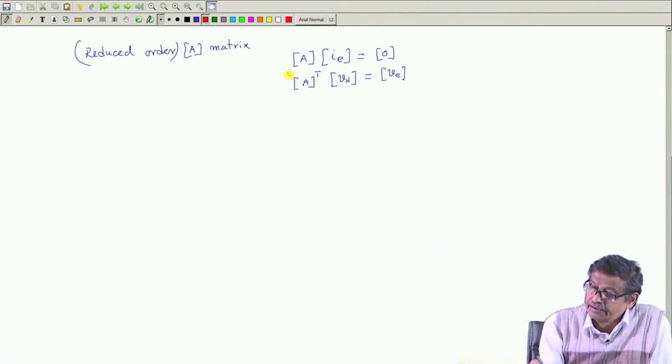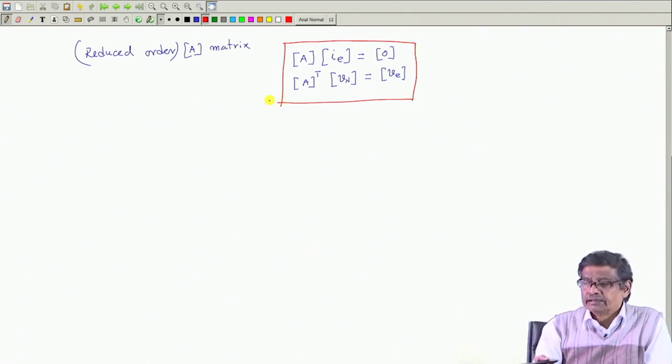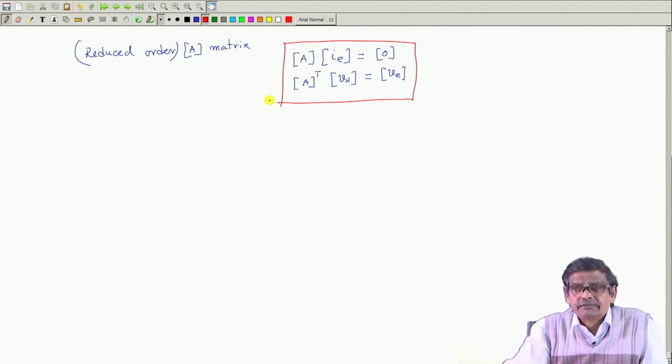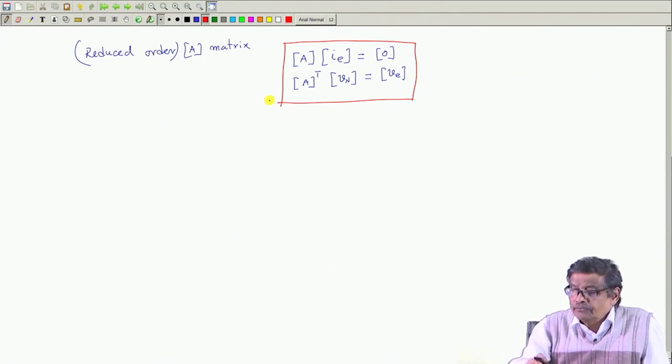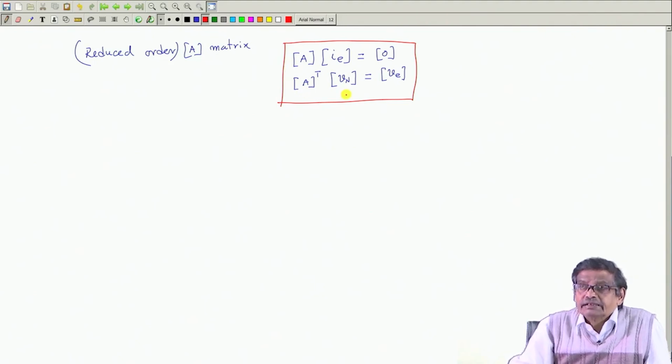This is where, see, I have now merely stated and defined A matrix, and the entries of A matrix are very simple, 1, minus 1, plus 1, etc., similarly of A transpose. And the fundamental relationship of element voltages and node voltages gave me this one, and simple application of KCL gave me this one. So, these are the statements.